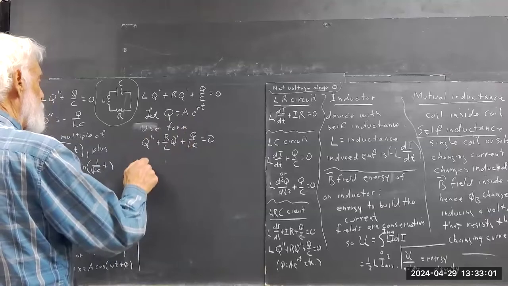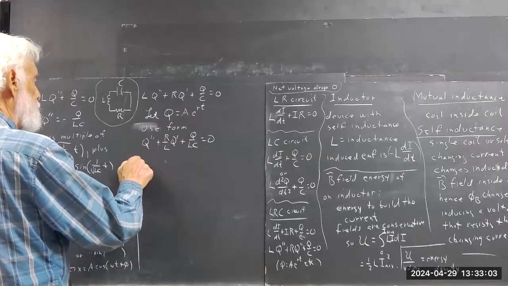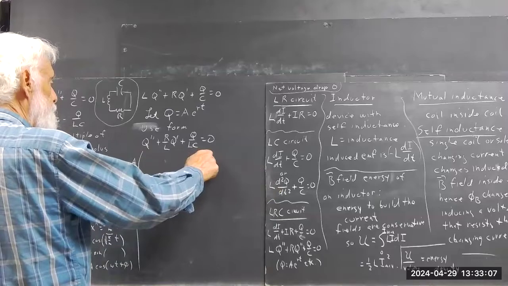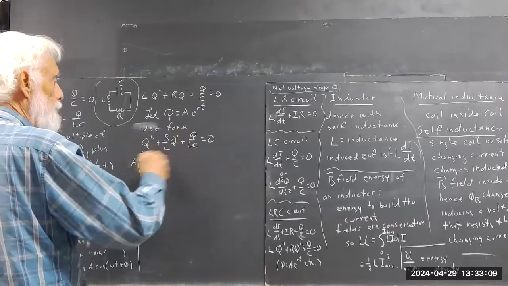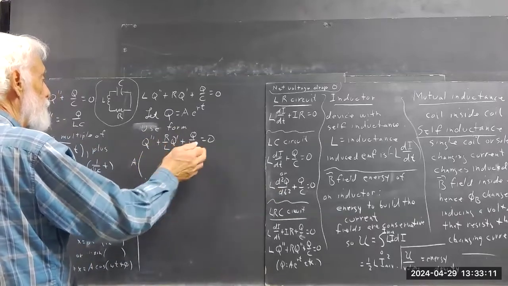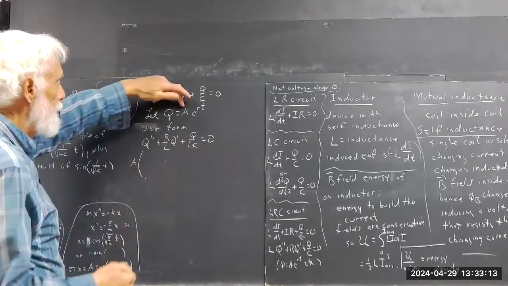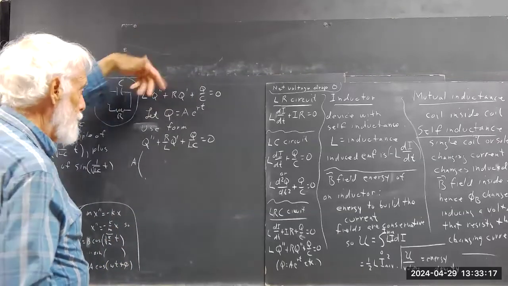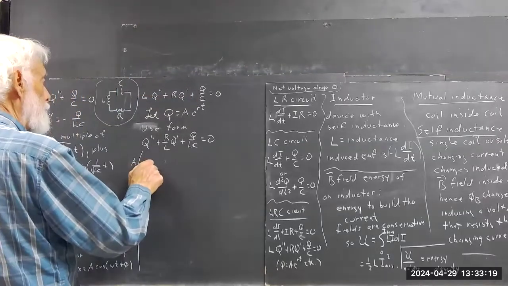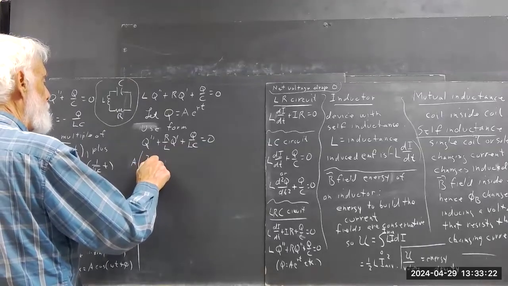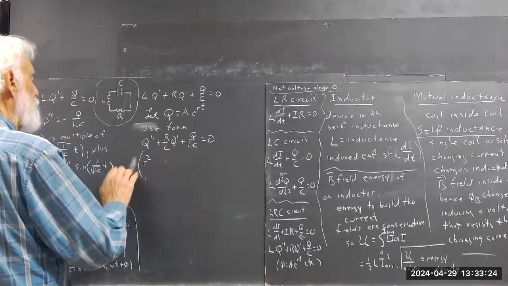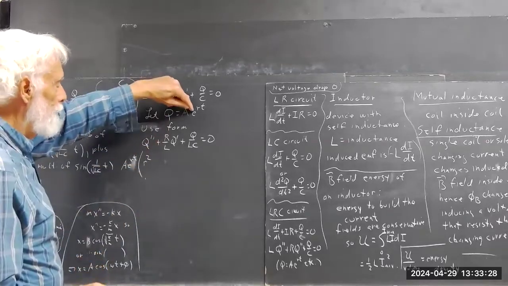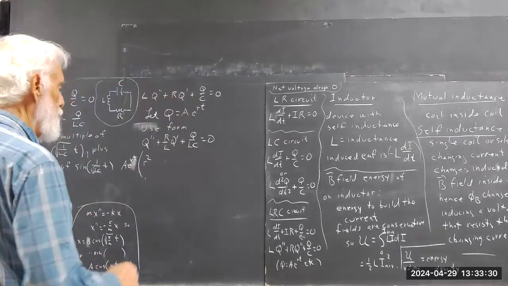Well, double prime is going to be, and I'm just going to factor the A out. You're going to have a factor A in every one of these. I'm just factoring it out because A is a constant. The derivatives aren't going to affect it. We're going to get r squared. It's A e to the rt, because every derivative of e to the rt contains an e to the rt.